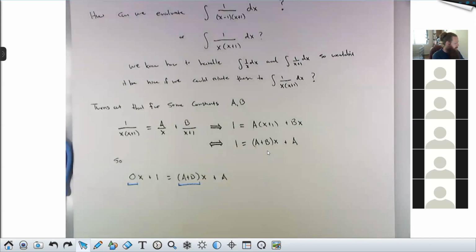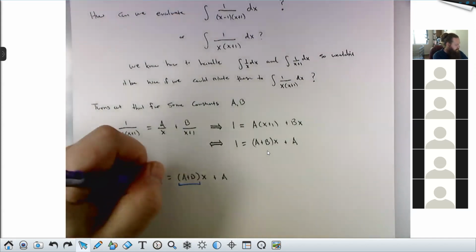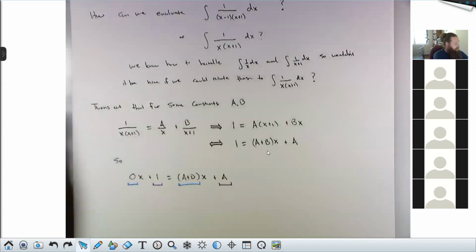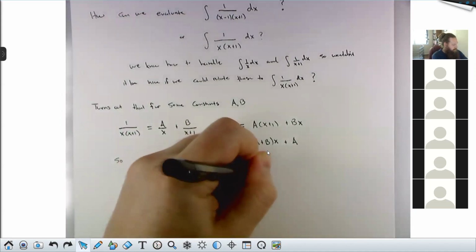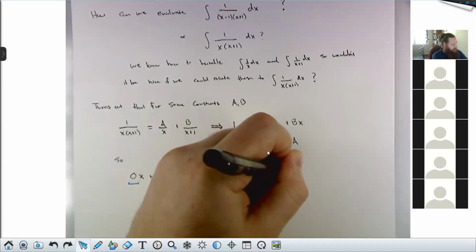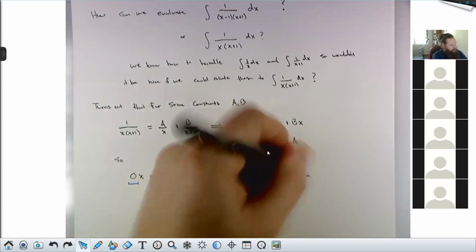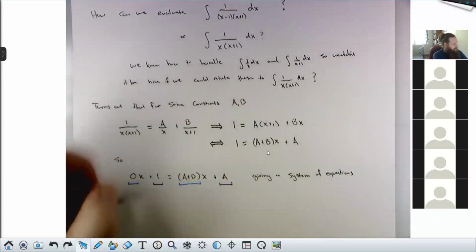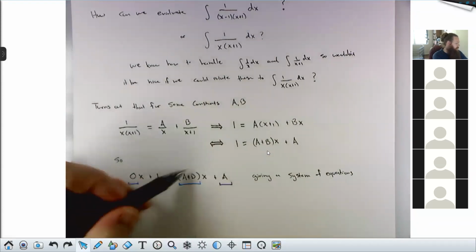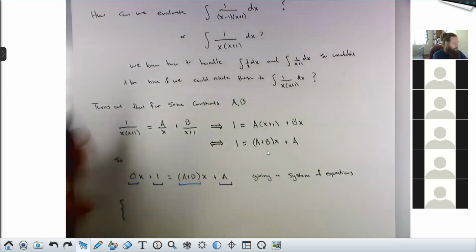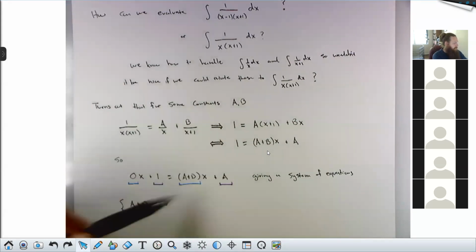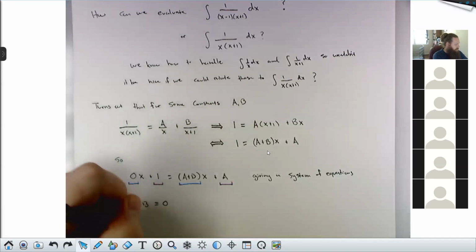And you set the constant on the left equal to the constant on the right. And this yields a linear system. A plus B is equal to 0. And A is equal to 1.